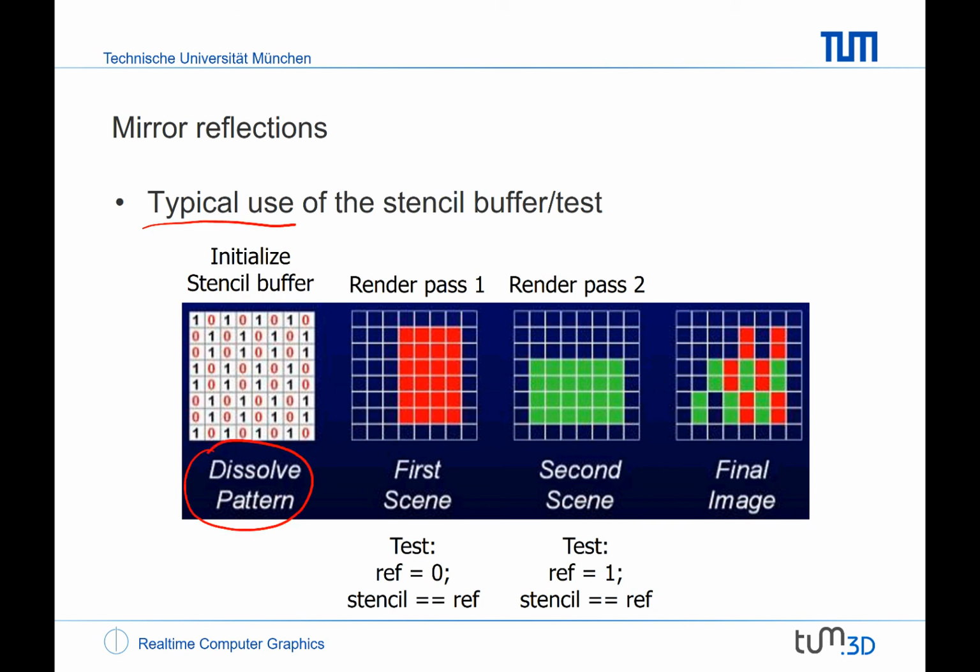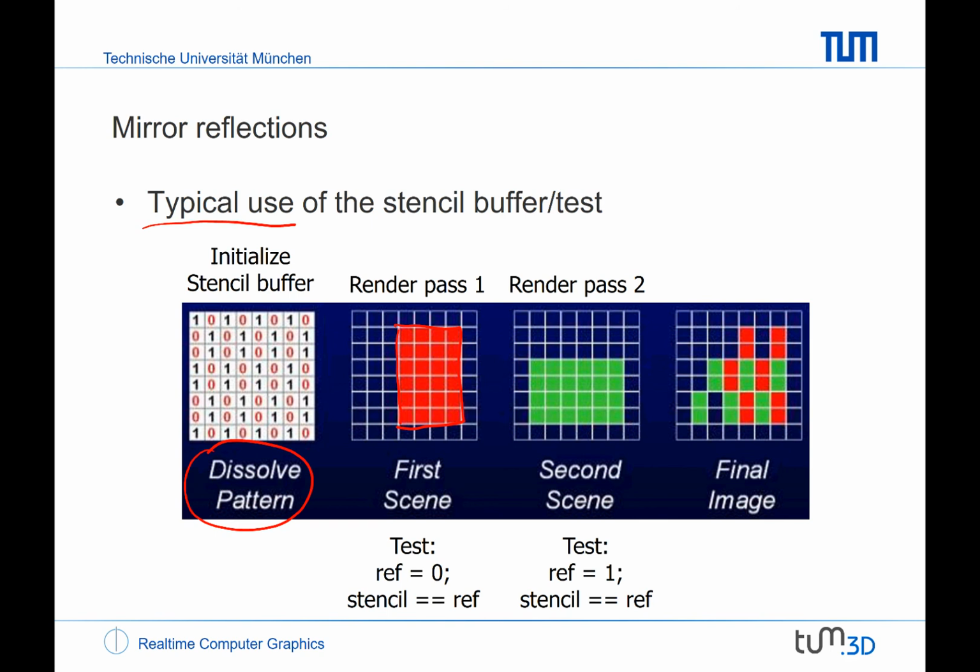Let us assume that the stencil buffer values are just bits which can be set on or off, by giving them values of 0 or 1. Now let us assume that, by whatever technique, you have initialized the stencil buffer with the values you see in this dissolve pattern. Then you render, for instance, the red quadrilateral here, and we see the fragments that are affected when rendering that quadrilateral.